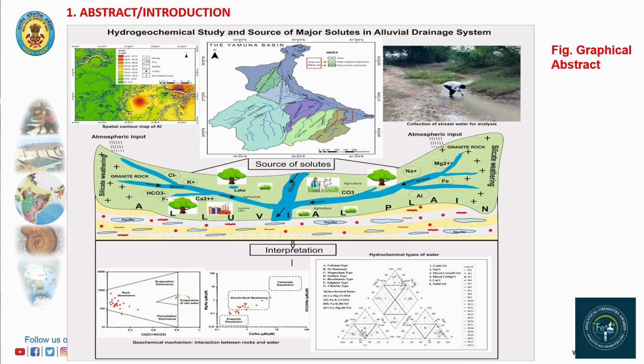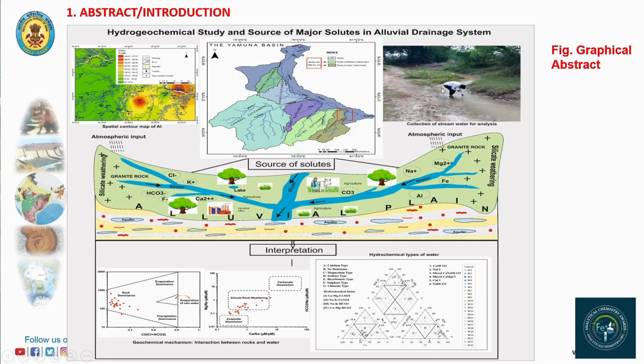This is the graphical abstract. What we have prepared during our studies, we have collected and made this slide, in which we have shown the water basin and catchment areas, and this is our study area.